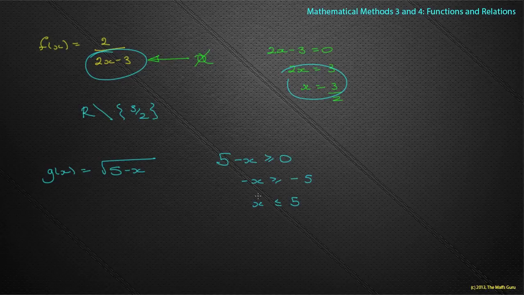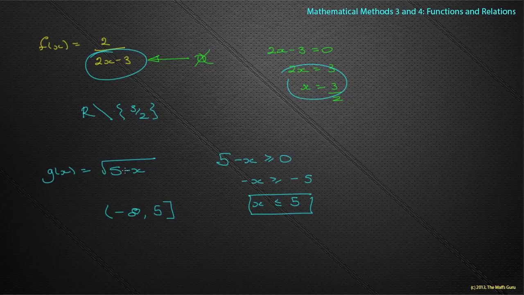So what we notice is any value of x that is less than or equal to 5 will in fact make this work. Any values greater than will turn it into a negative. So we can see that our implied domain, or our maximal domain, will be from negative infinity up to and including 5. Because we can have 5, because 5 minus 5 is 0, and we can find the square root of 0.